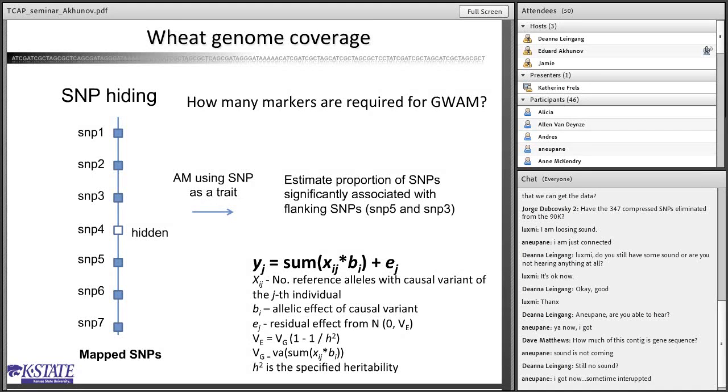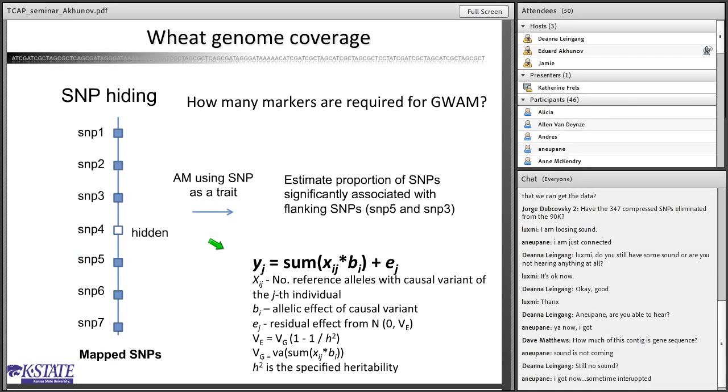Then you hide this SNP and consider the simulated phenotypic trait instead of the SNP, and then you perform association mapping and estimate how many times you will find SNPs in the neighborhood of the hidden SNP that show statistically significant associations.